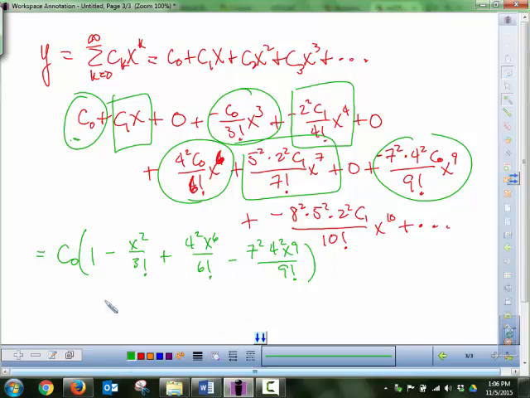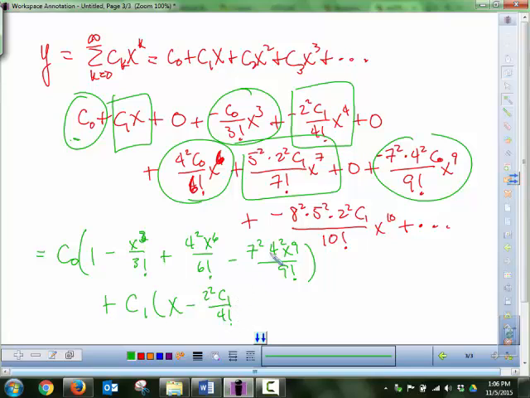And then the c sub 1 starts off with an x minus x to the 4th. So it's 2 squared c sub 1 over 4 factorial.